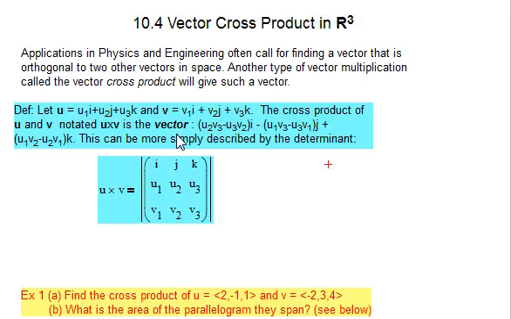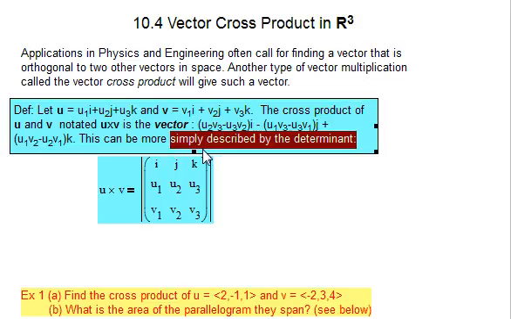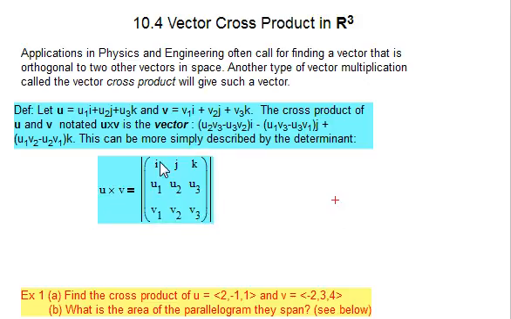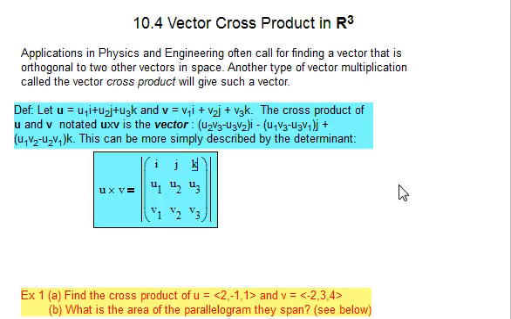We can think of it much more simply by thinking of it as the determinant. u cross v is the determinant of the 3 by 3 matrix with i, j, k as row 1, vector components u1, u2, u3 as row 2, and vector components v1, v2, and v3 as row 3.